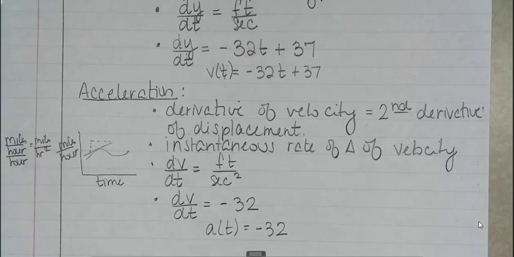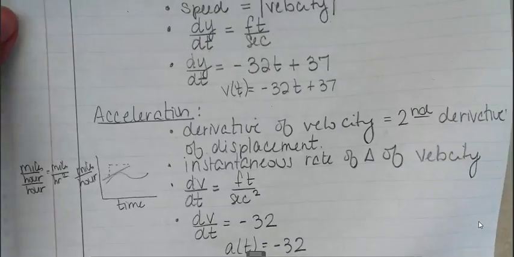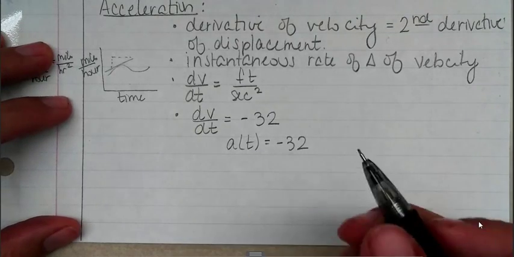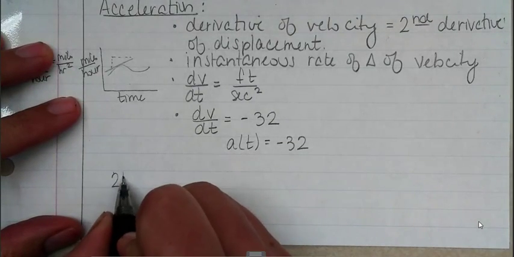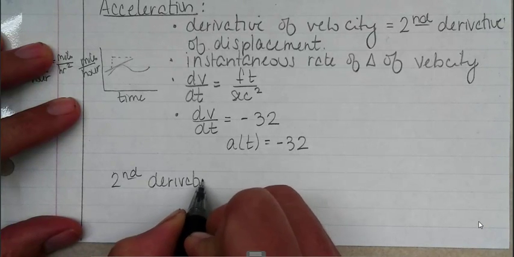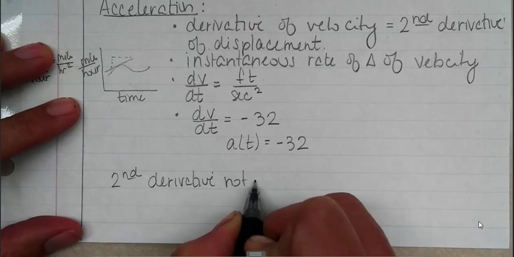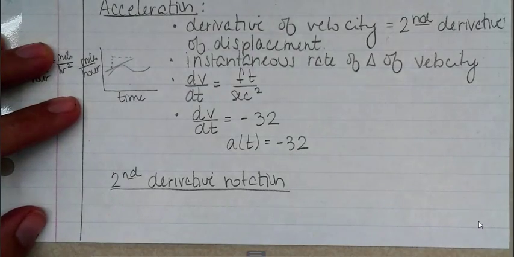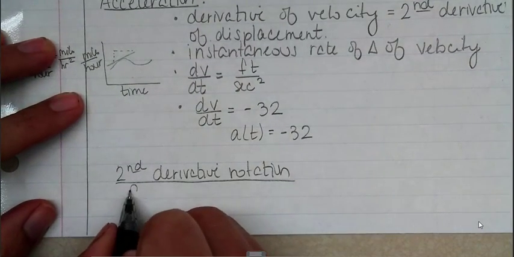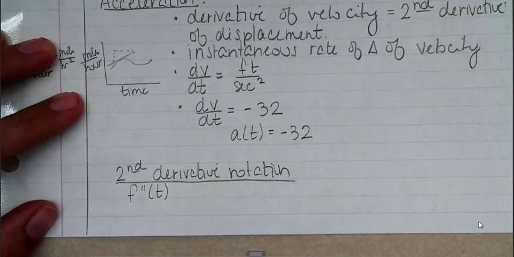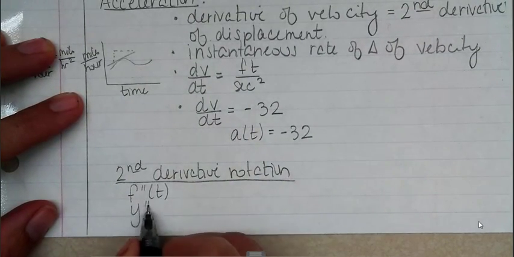Okay, so let's talk about what it looks like to have second derivative notation. You can see this a couple of ways. You might see f double prime of t. You might see y double prime.